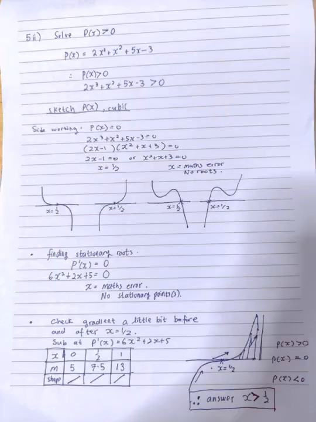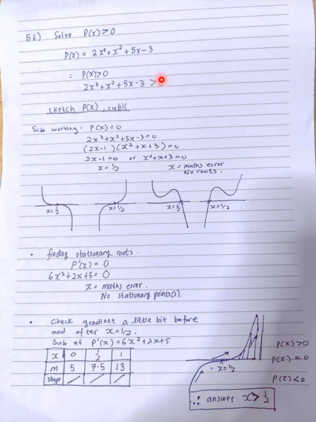Question 5 part 2 is when they ask you to find where p(x) is greater than 0. So you have to stop and think for a while here. This is an inequality: p(x) equals 2x cubed plus x squared plus 5x minus 3 greater than 0.